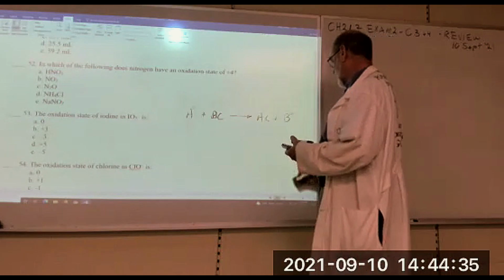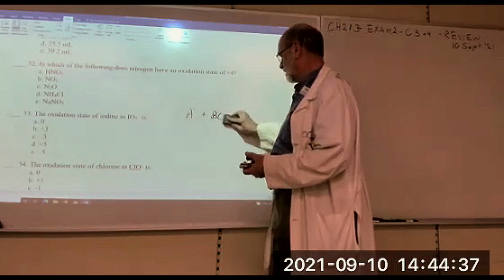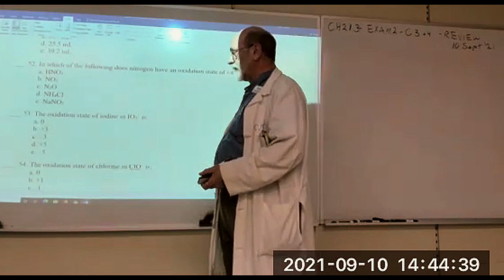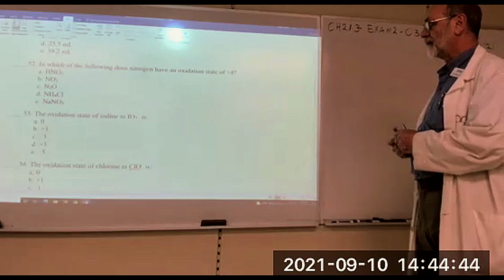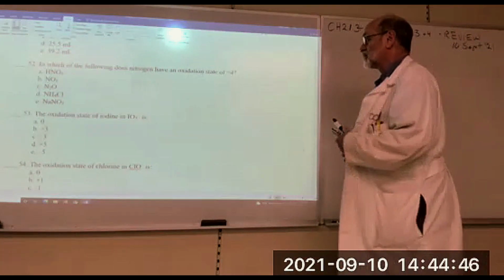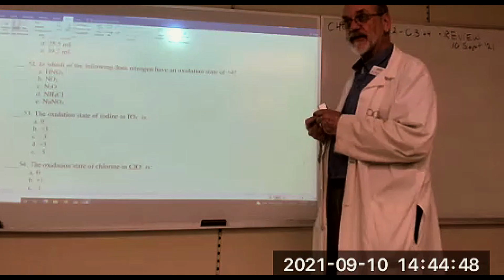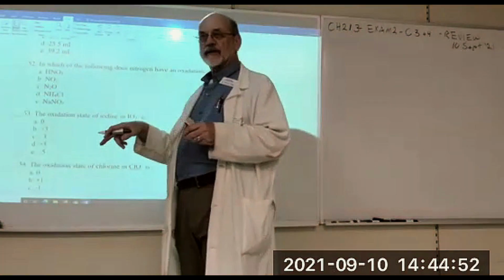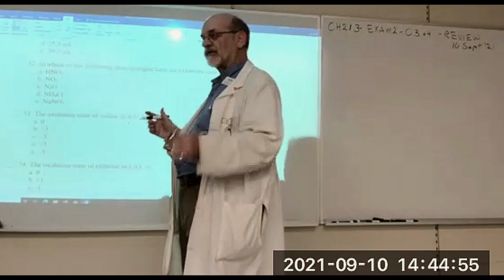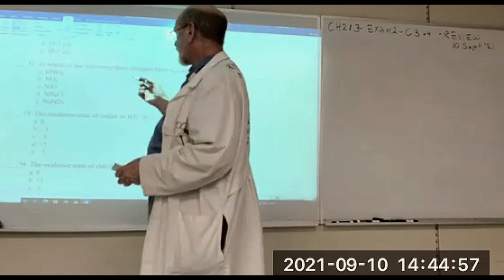Now, that's not always the case. Those clues may not be there. If they're not there, then you have to do the oxidation states and determine. So the first thing you have to do is follow the rules and find out what the oxidation number is for each element in your reaction, and then compare them. So what do we say about oxygen?